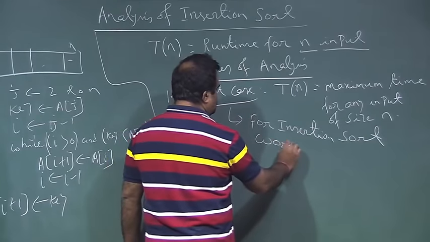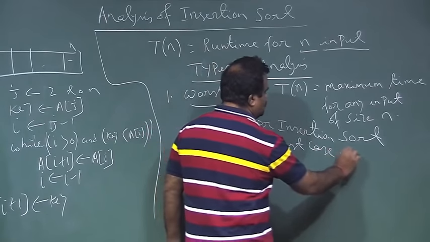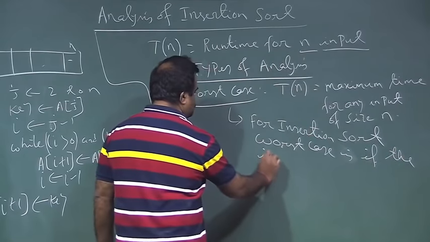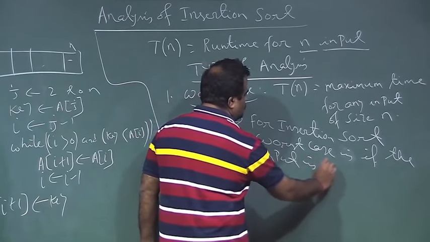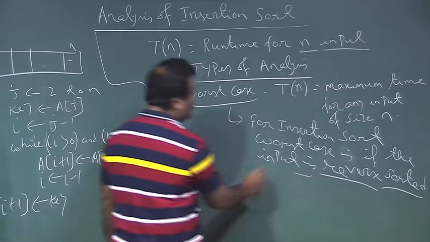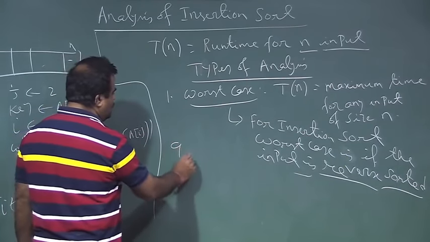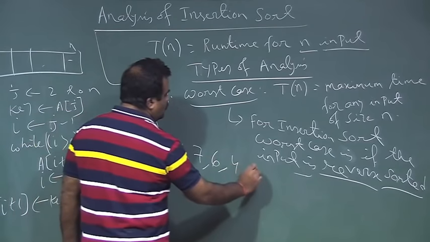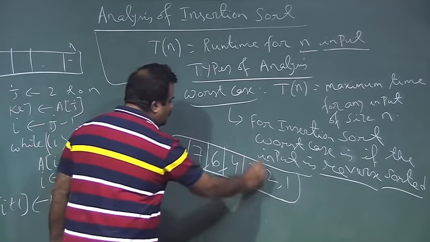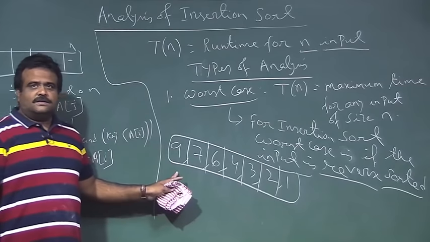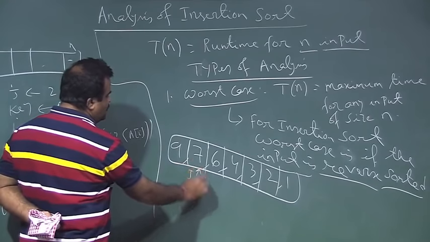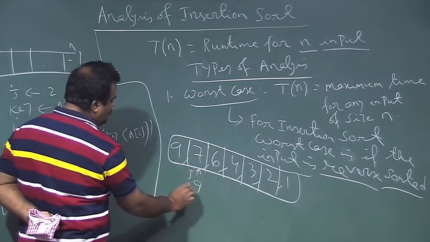That means if we have numbers say 9, 7, 6, 4, 3, 2, 1 as the input, and we want to run insertion sort on this input, j is pointing here, 9 will come here, 7 will come here.